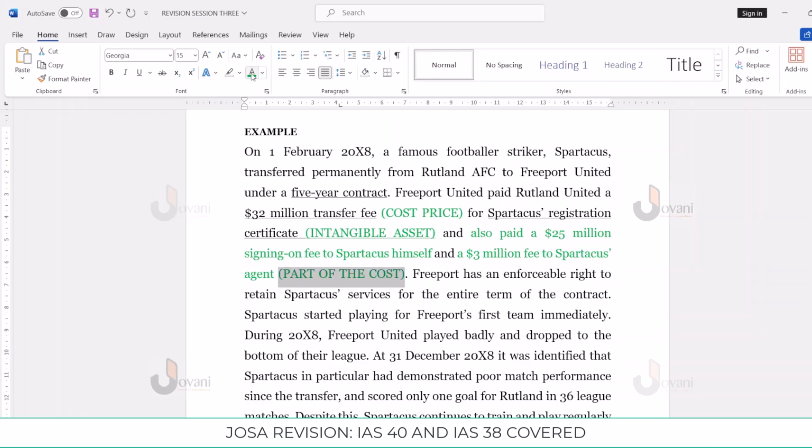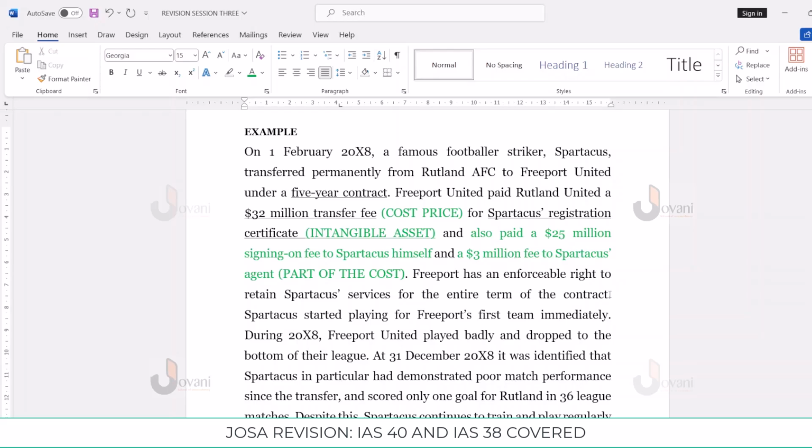Freeport has an enforceable right to retain Spartacus's services for the entire term of the contract. Now this one here, they are showing you that they control Spartacus.